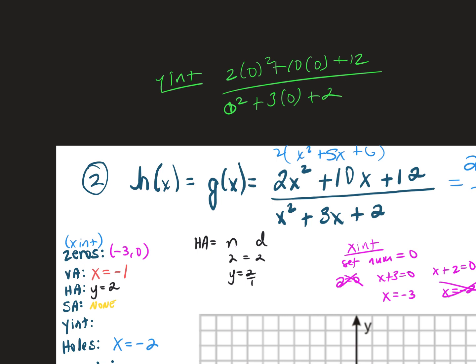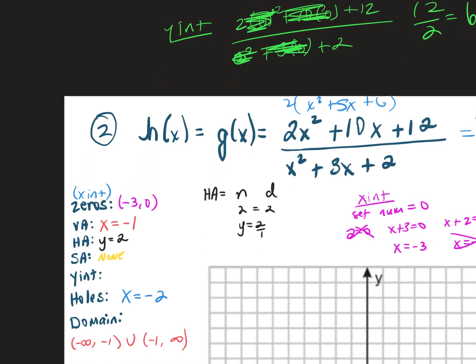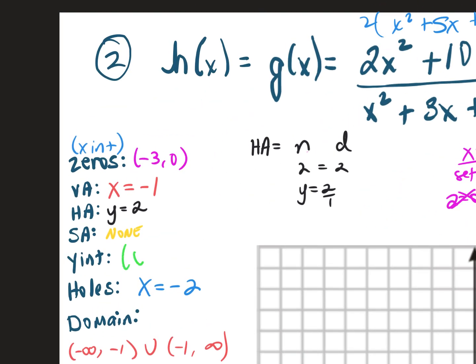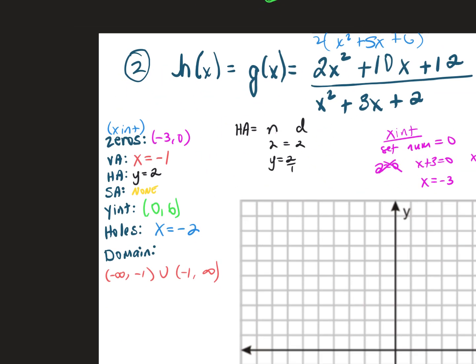Well, what happens with 0 squared times 2? 0. And then what's 0 times 10? 0. So you're left with 12 on top. 0 squared plus 3 times 0, you're left with 2 on the bottom. What's 12 divided by 2? 6. So this graph crosses your y-intercept at 0, 6.